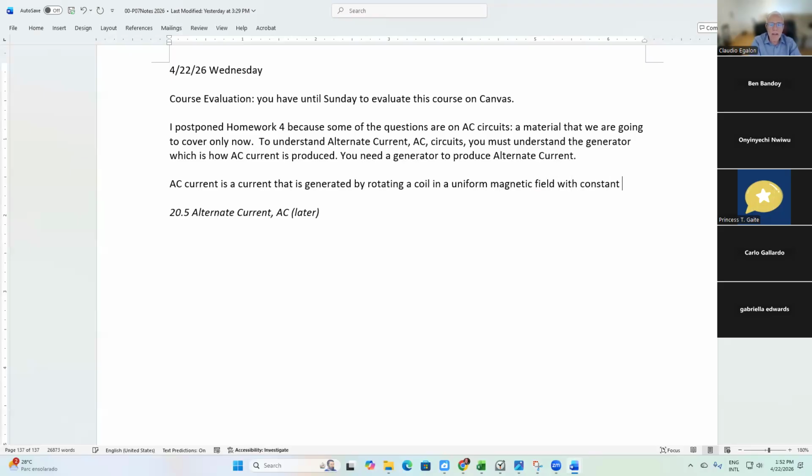with constant angular velocity. Remember, angular velocity is not linear velocity. Rotate with constant angular velocity.